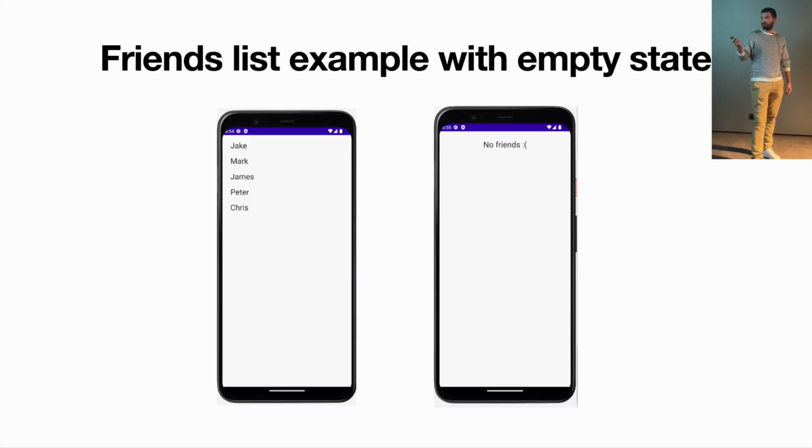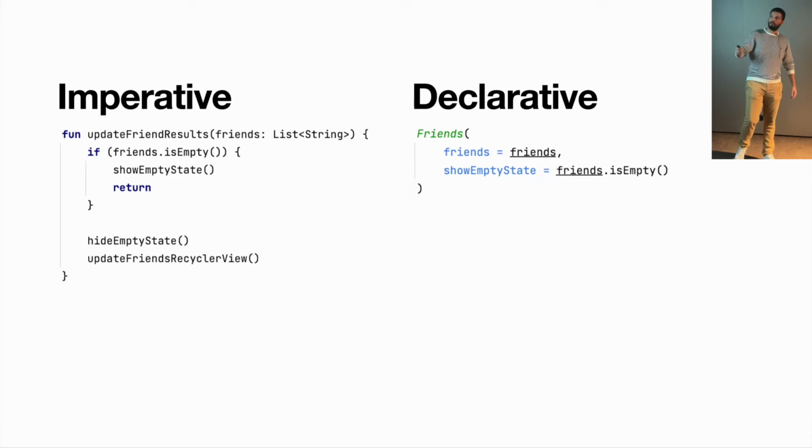So we'll see this in a really simple example. We have a small screen with a couple of friends. In some cases we don't have friends, so we have an empty state there. The imperative way of working in this example would probably be: when you get the list of friends, you call something like update friends results, which is probably a bad name, but no worries.